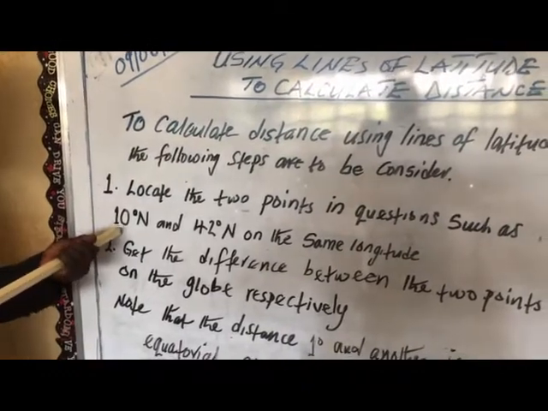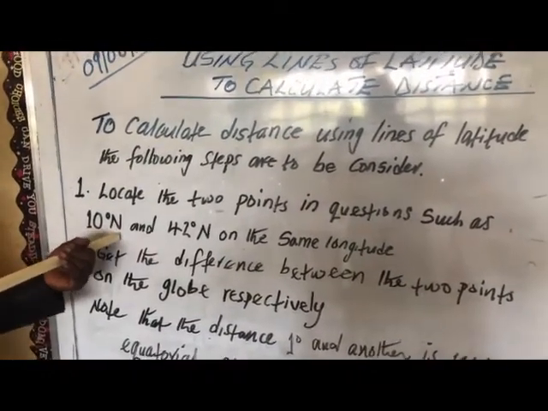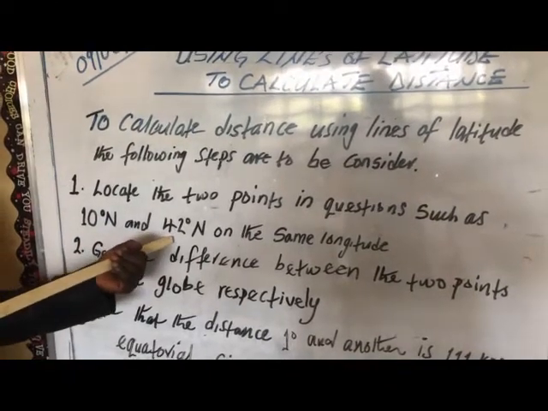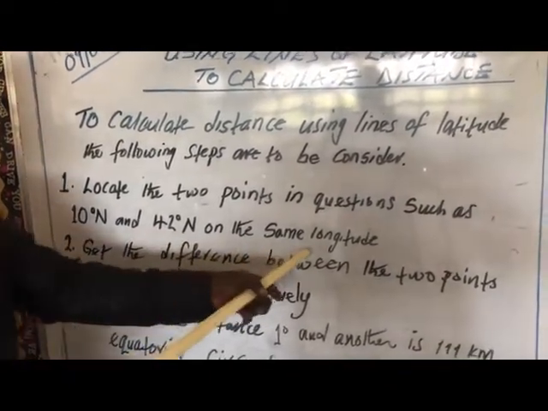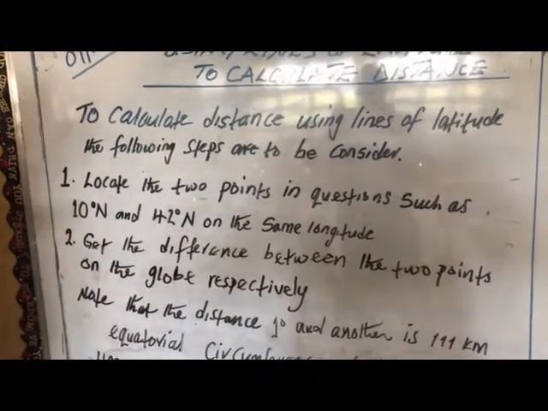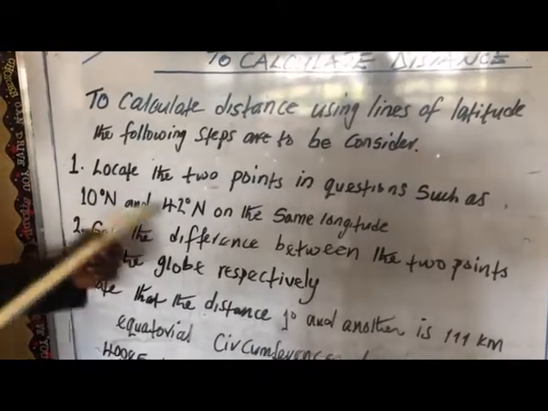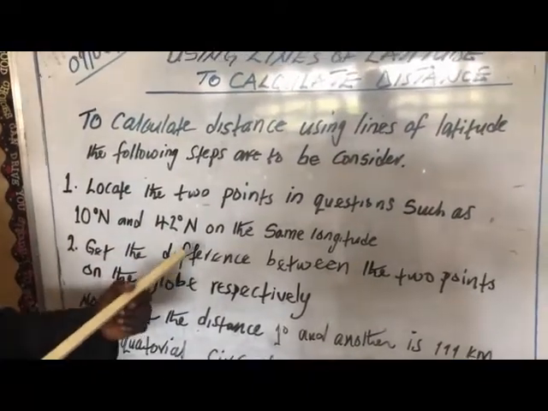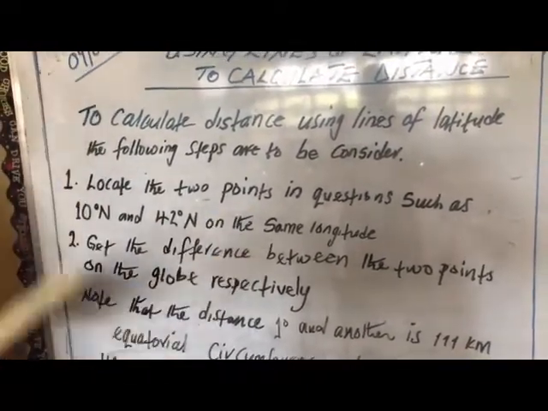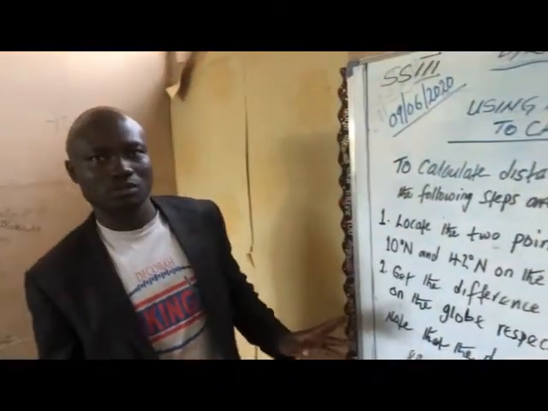The case may be, maybe you are given 10-degree north and 42-degree north on the same longitude. You have to determine the location of these two latitudes.